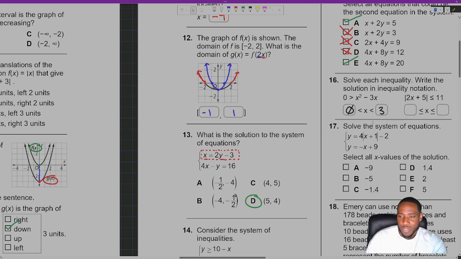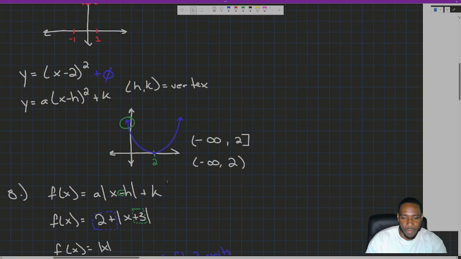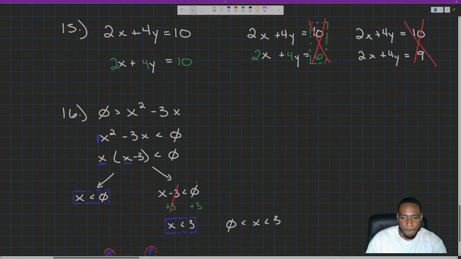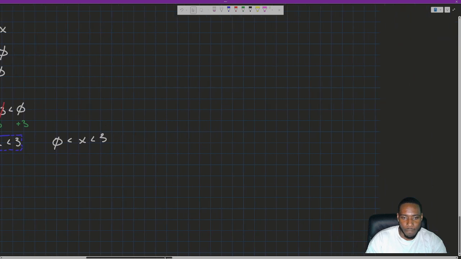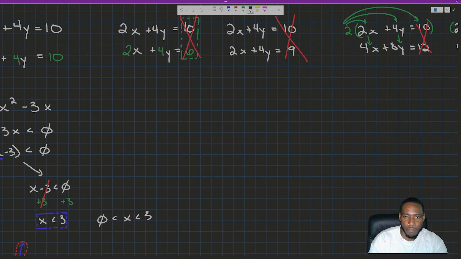For absolute value, let's go ahead and solve that. The absolute value of 2x plus 5 is less than or equal to 11. So when we have a situation like this, where the absolute value statement is by itself, we're going to consider the definition of absolute value.